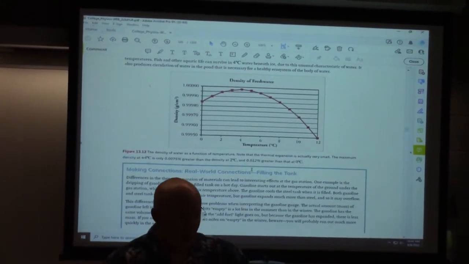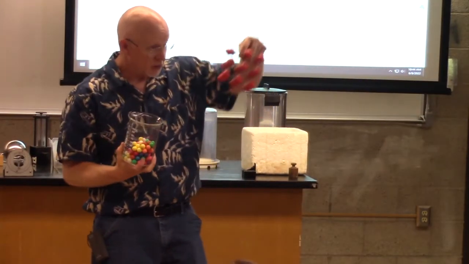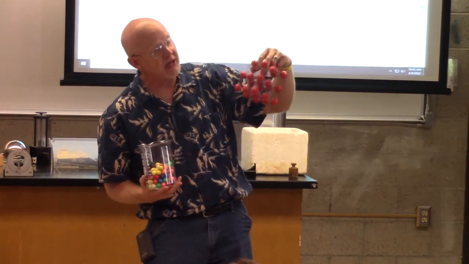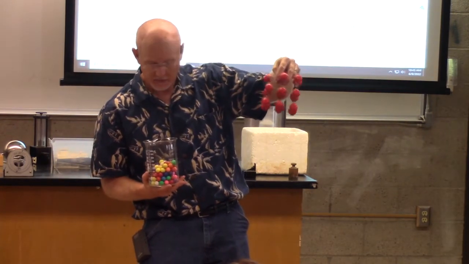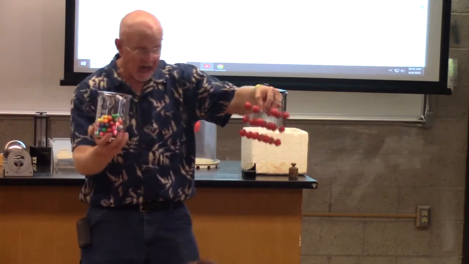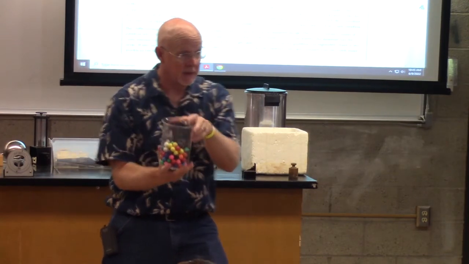Because when you go from something that looks like this, a liquid, to something that looks like this, even if they're going slower, can you see the spacing between them? And you don't have that spacing here. So that's the behavior of ice. In a liquid form, the molecules are real tight together like this.